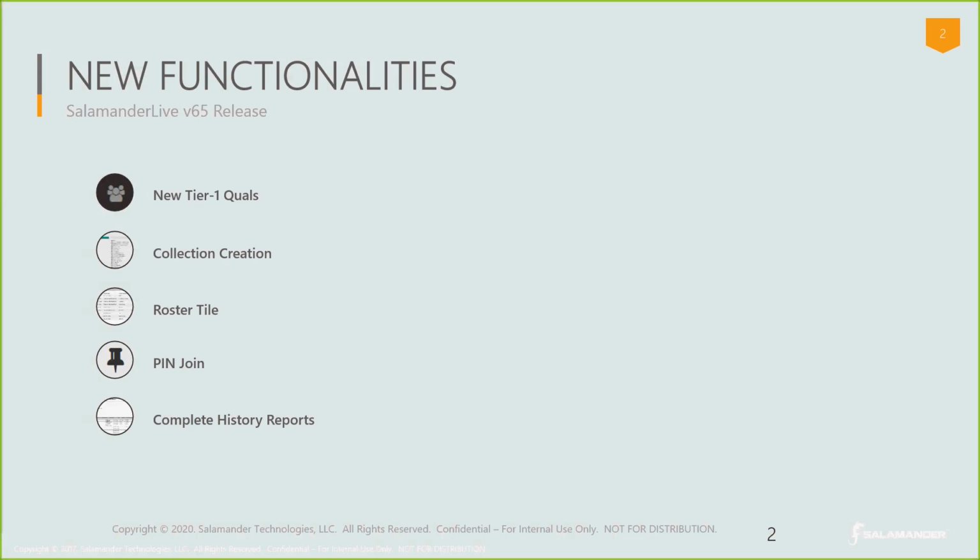So the new functionalities include the ability to create collections, edit times on the roster tile. So when I say edit times, I mean manually edit check-in times. The ability to join events across organizations and accounts using upstream. And then there is 2 new reports that pull a complete history for a given person or piece of equipment.